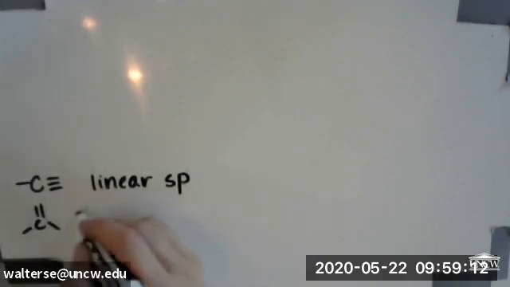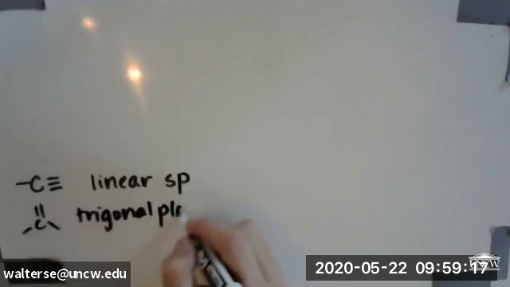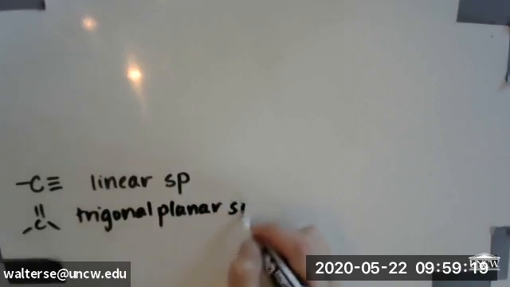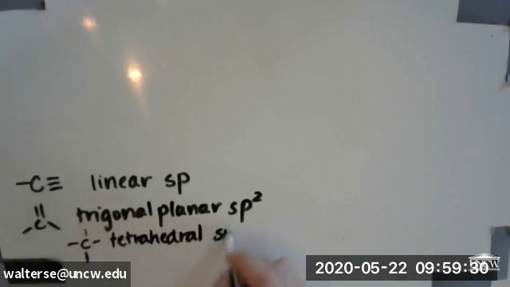Three is going to be trigonal planar, sp2, and four is tetrahedral, sp3.